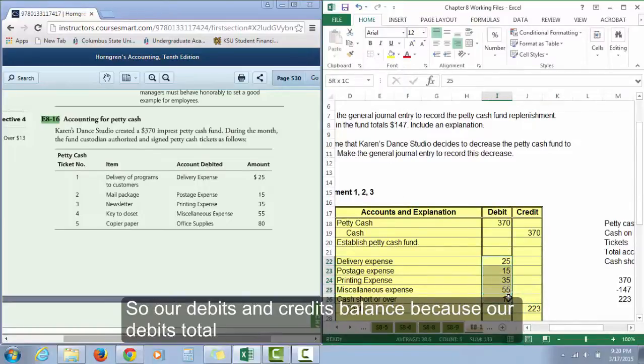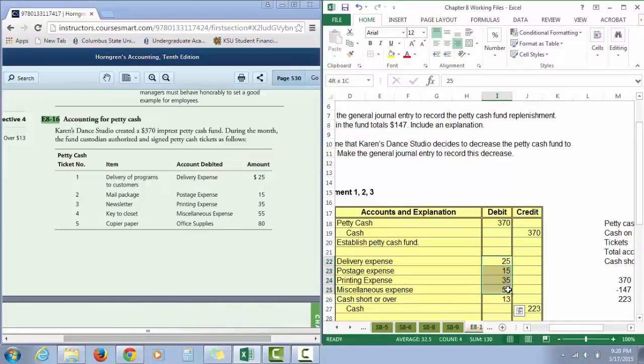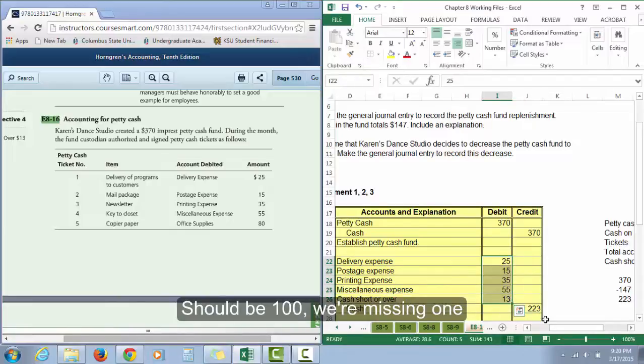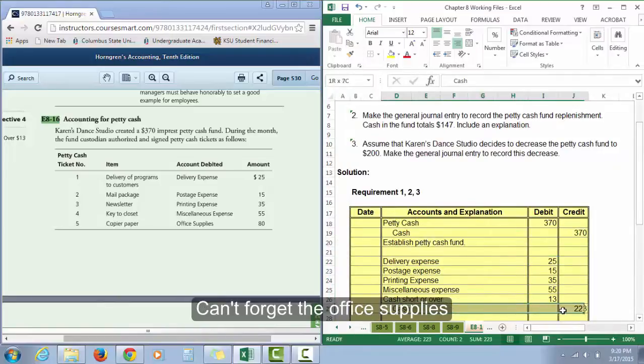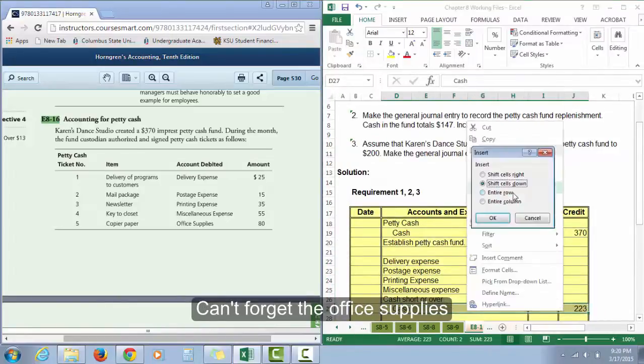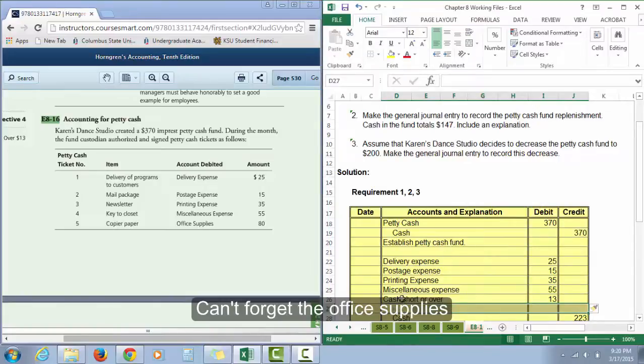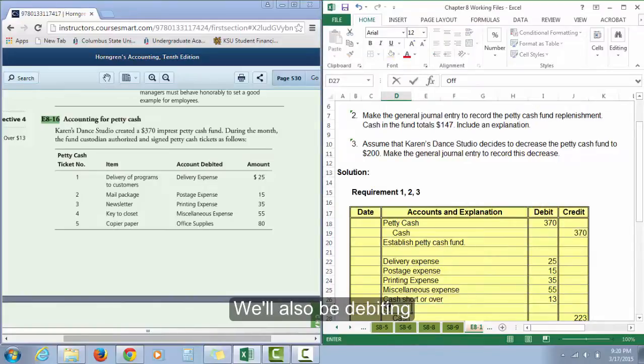So our debits and credits balance, because our debits total, let's see, 100 and should be 100. Let's see, we're missing one. Can't forget that office supplies. So we'll also be debiting our office supplies account for $80.